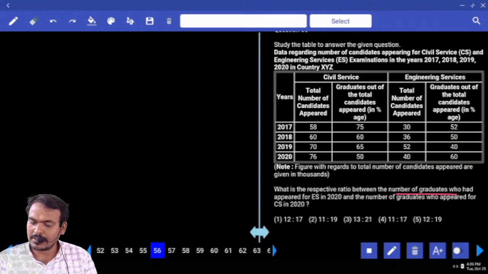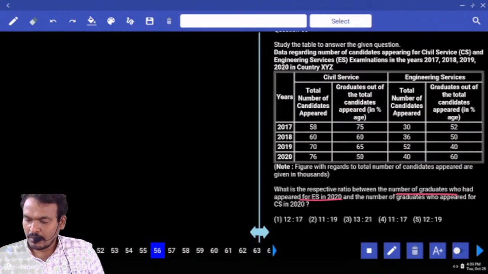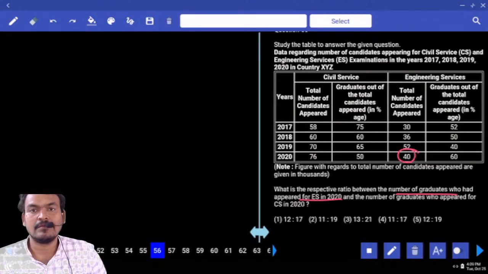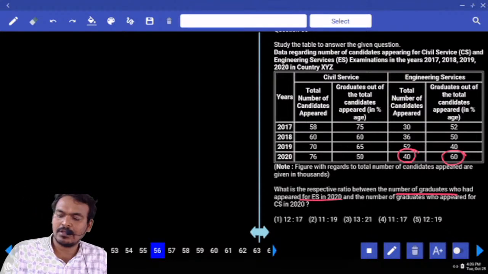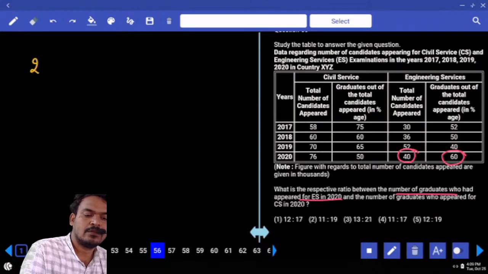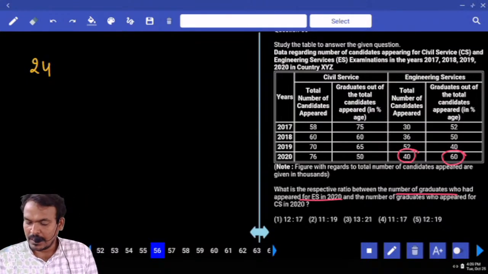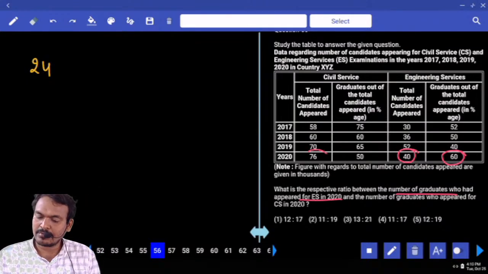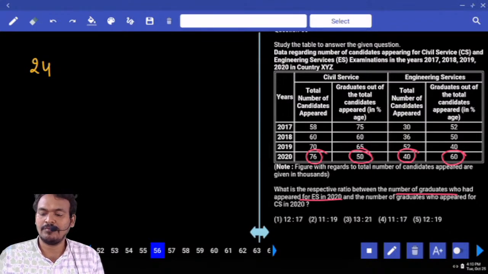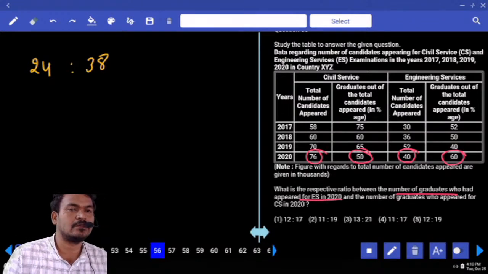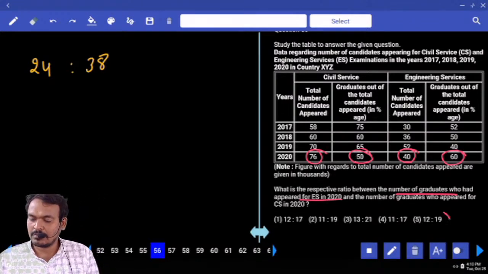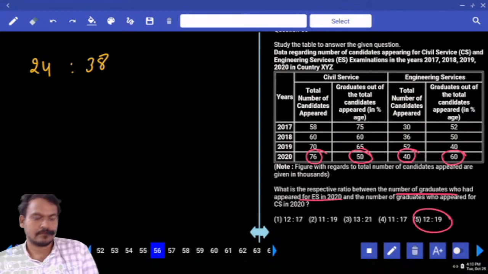ES in 2020: total appeared candidates are 40, and 60% are graduates. 60% of 40 is 24. Next, CS: out of 76, 50% are graduates. 50% of 76 is 38. The ratio is 12 is to 19.